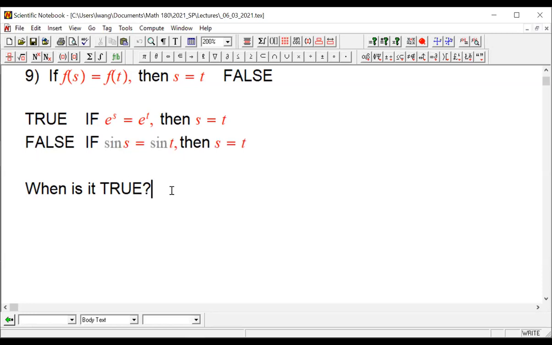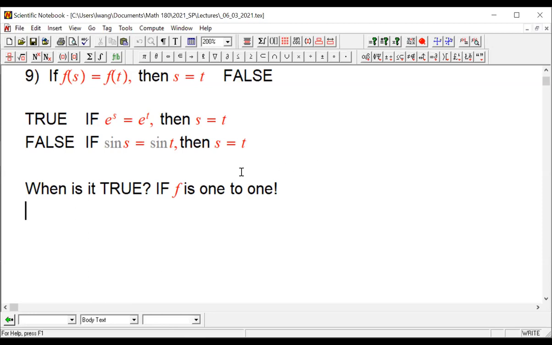So when is it true? If f is 1-to-1. You can see sine is not 1-to-1.